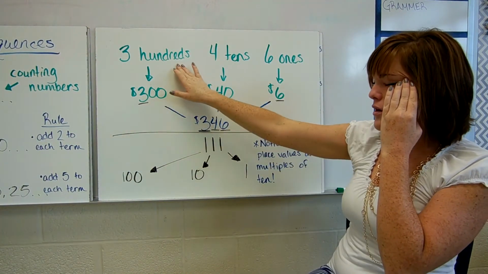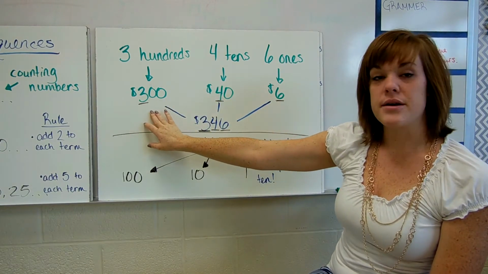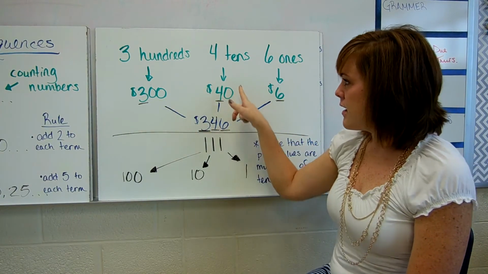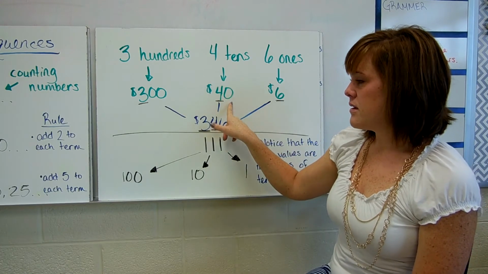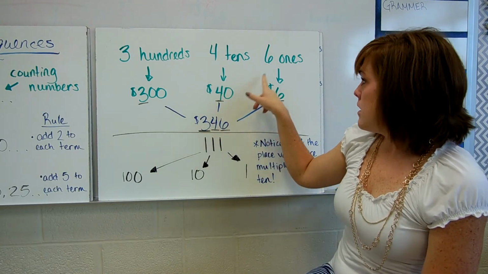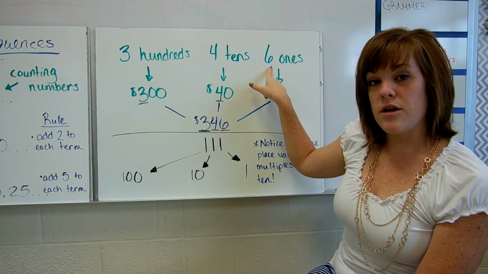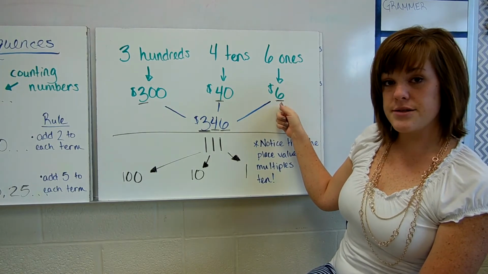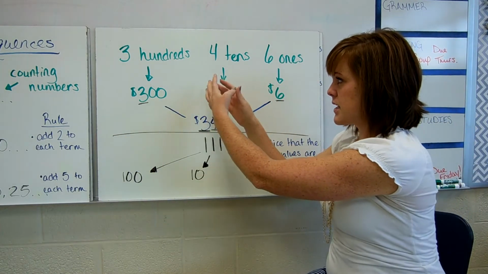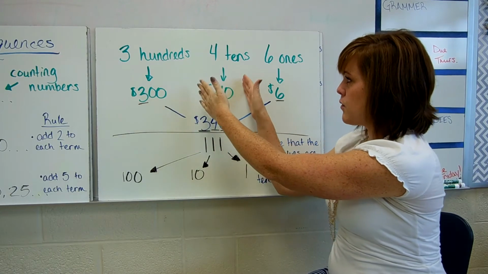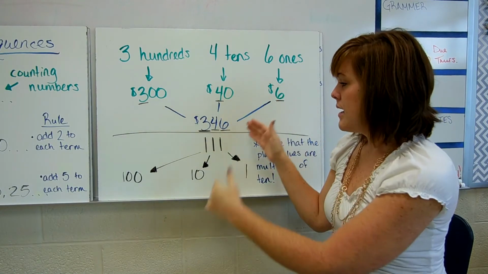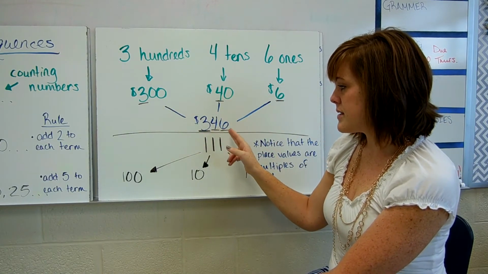So if I have 3 $100 bills, that's $300, right? If I have 4 $10 bills, that's $40. And if I have 6 $1 bills, that's $6. So if I put these all together, my 300, my 40, and my 6, I get 346.